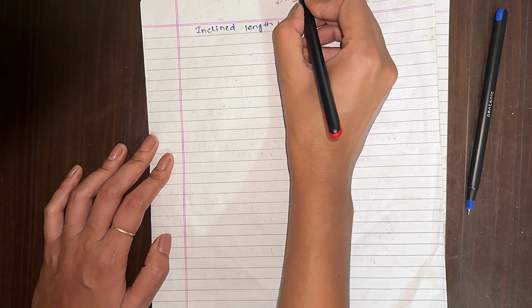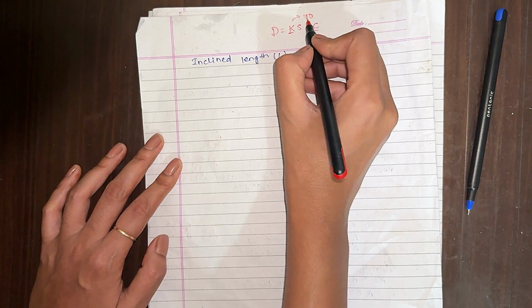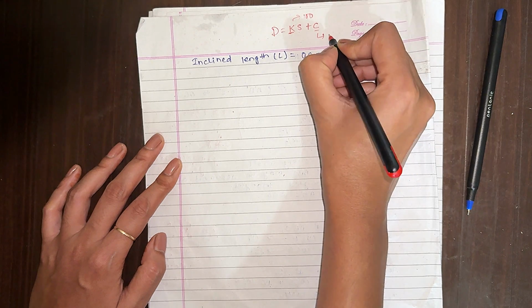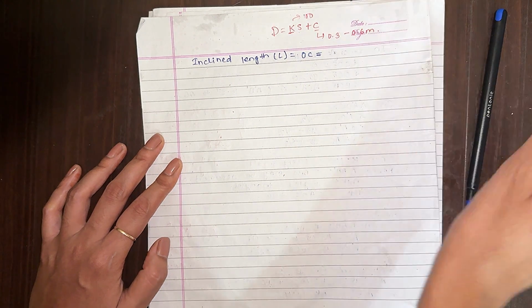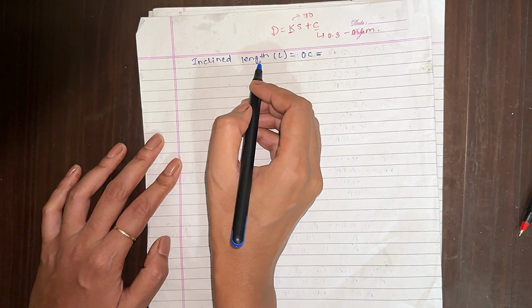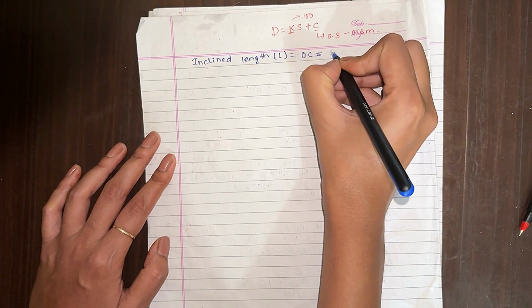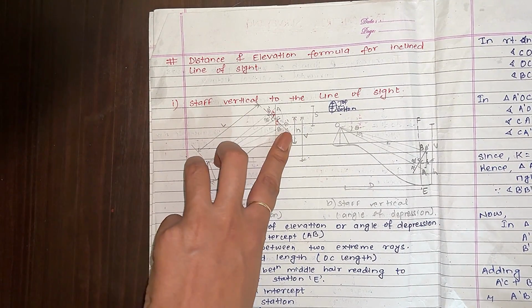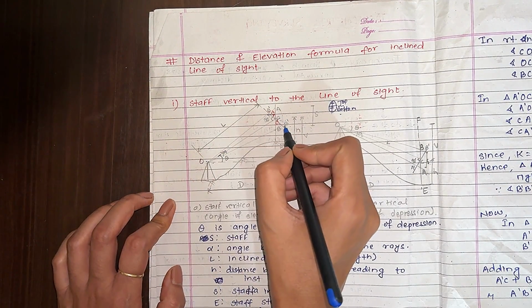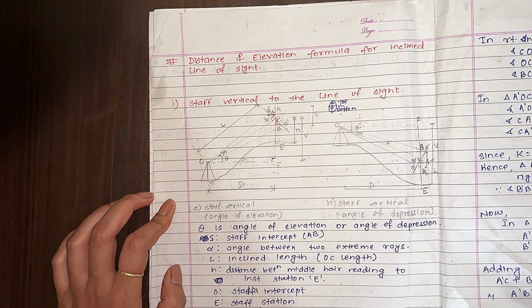K is mostly 100, and C is between 0.3 to 0.6 meter. So now for the inclined length L, we have K, whereas the stadia intercept here is A dash B dash.